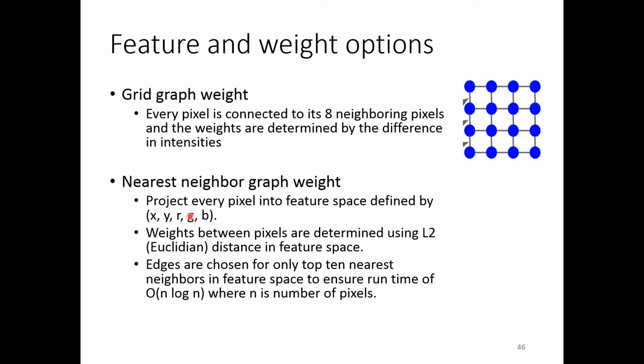Then you can determine for each pixel, not connecting to all the others, but for each of the pixels, which pixels are closest to it. And then you pick, for example, only the 10 nearest neighbors for each of the pixels in this high dimensional space and build a graph. Of course you can make more connections there, but then it will be a higher complexity.